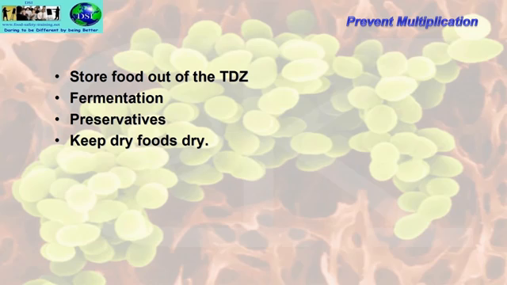Again, natural preservatives are the preferred option, although we still use other preservatives such as nitrates, nitrites, potassium sorbate, sodium benzoate. Again, this will prevent the multiplication of bacteria. Another one, keep foods dry, or keep dry foods dry. By denying bacteria moisture, they won't grow.